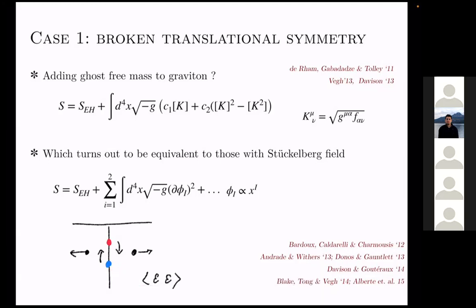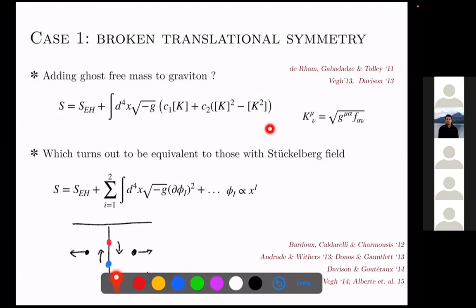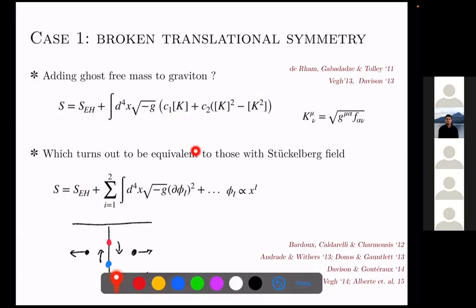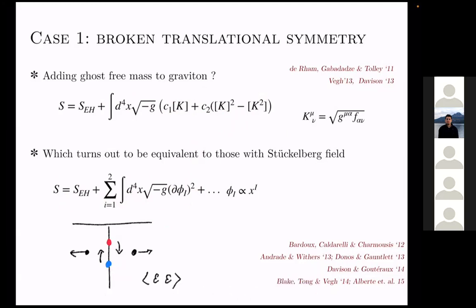These terms look kind of horrible, but this is really simple. You just add a free scalar field with a non-zero derivative, and you can check that the equations of motion, for certain choices of parameters in those two theories, become identical to one another.